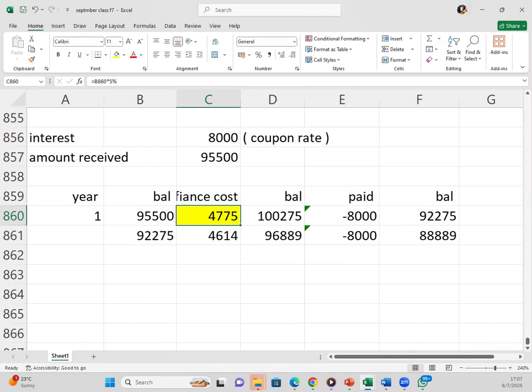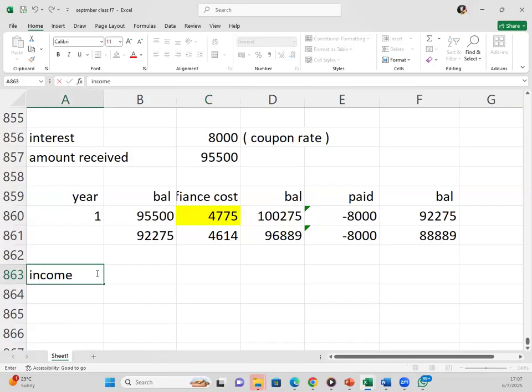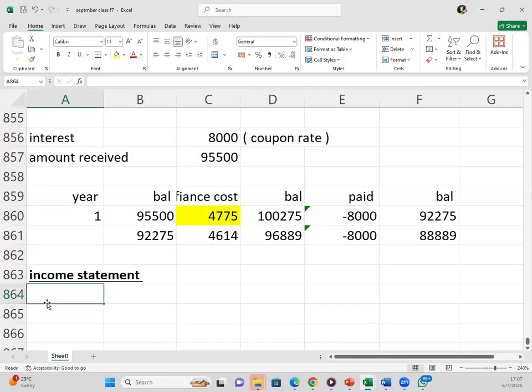So in the income statement, under your expenses regarding this loan, we don't record the interest paid, but we are recording the finance cost.